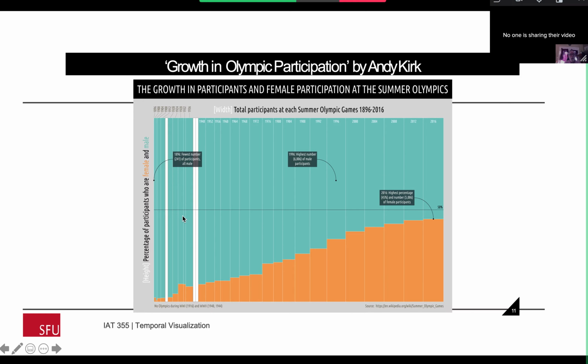There's a division between women participants in orange and male participants in this cyan, greenish blue. So the width is the total participants at each Olympic Games, and the vertical proportion shows the number of participants, women versus men. As you can see, there's a continuing increase of the number of women as a proportion of the total moving forward, and also a continuing growth in the quantity of participants over time.